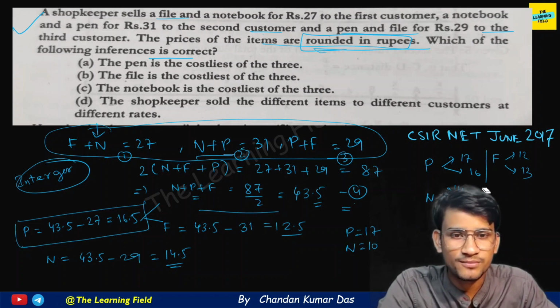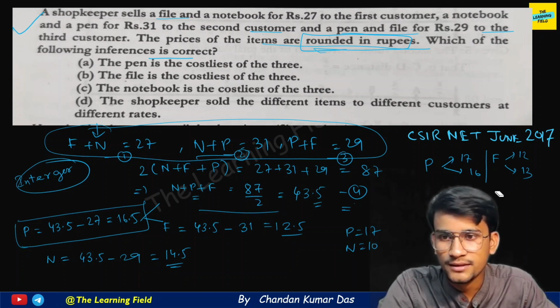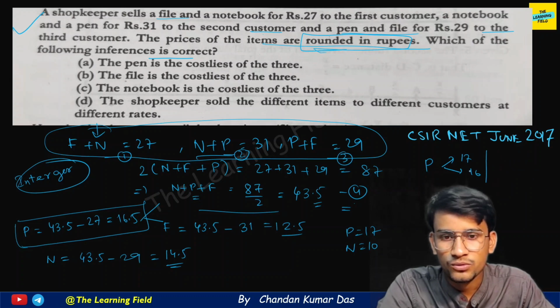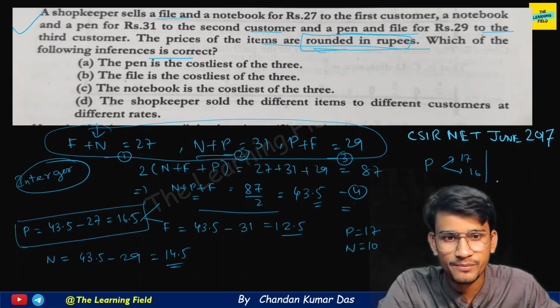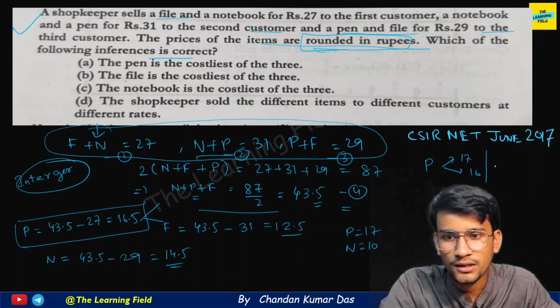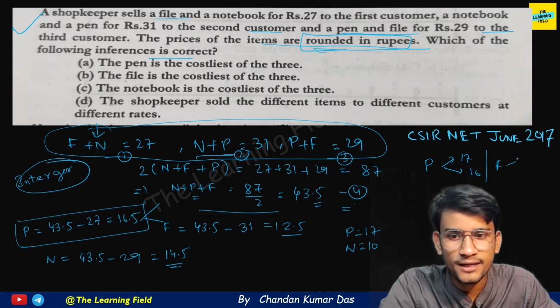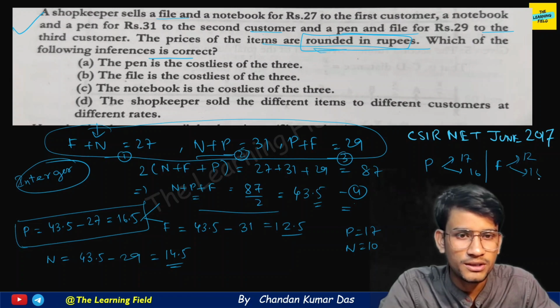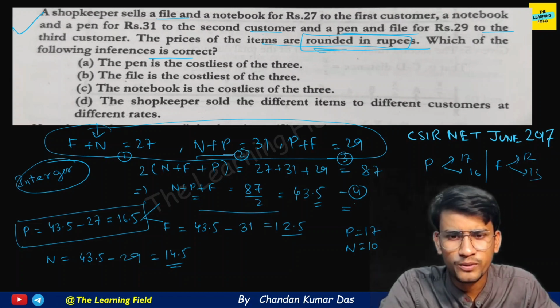Okay, so, no, yeah, if we take the value p equal to, oh sorry, here no p is present. So the file price is 12 or 13 and the notebook price may be 14 or 15.